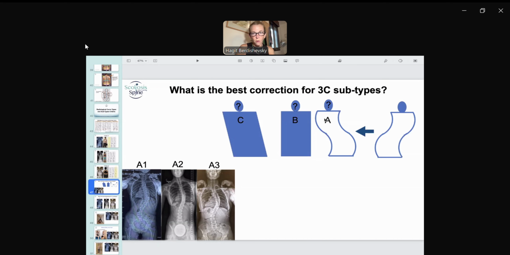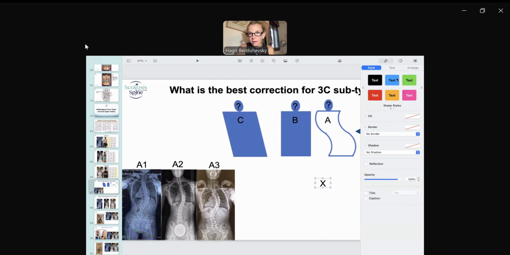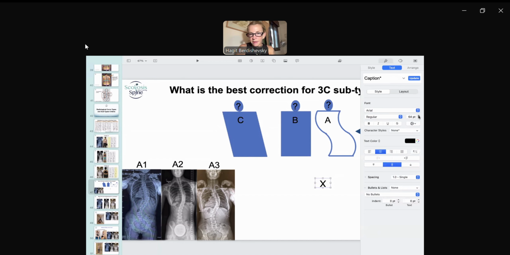No, we don't want to create a mirroring effect. So if I take this, I will cross it, and I really don't want to have this type of correction.